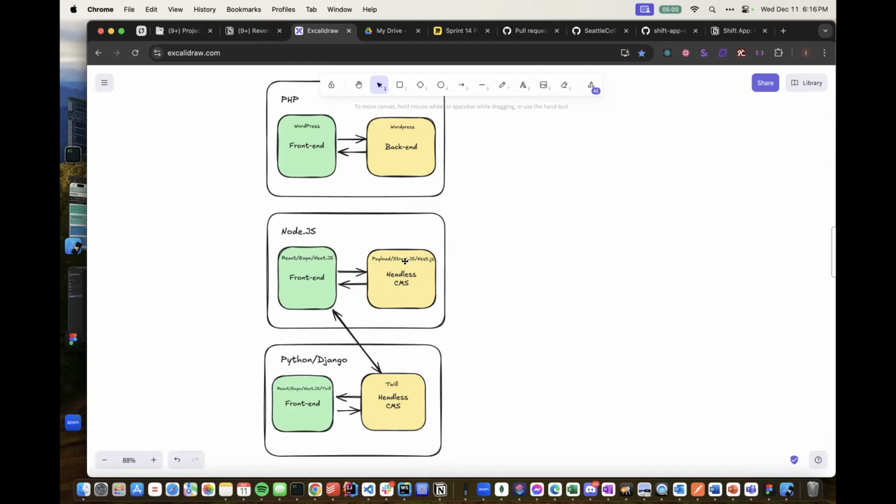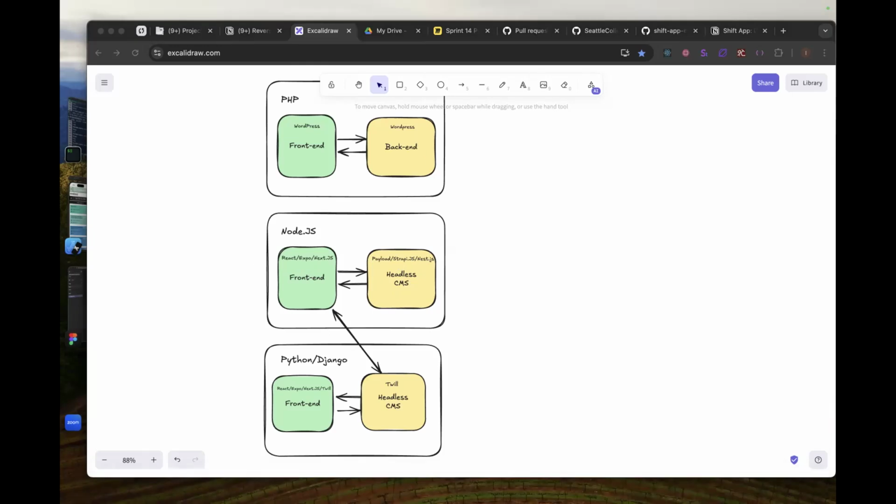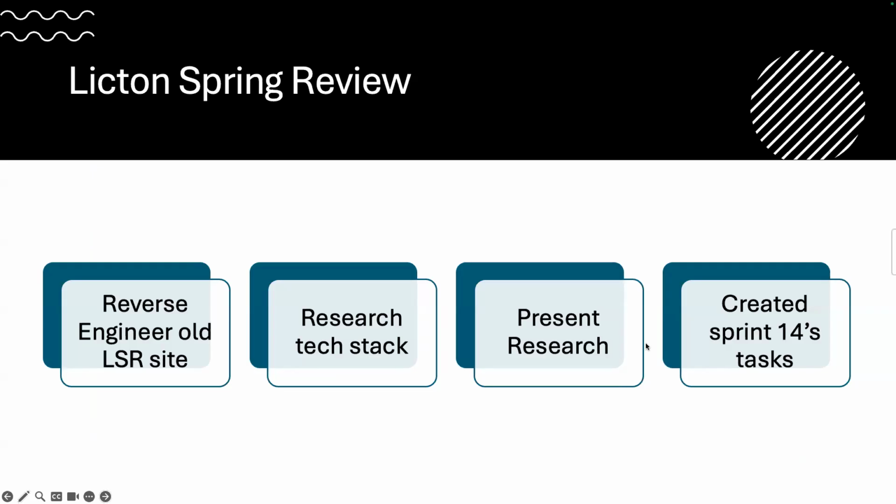So yeah, that was a lot of impactful decisions that I was responsible for, at least that task. And then also for Licton Springs Review, I helped create Sprint Forge tasks.